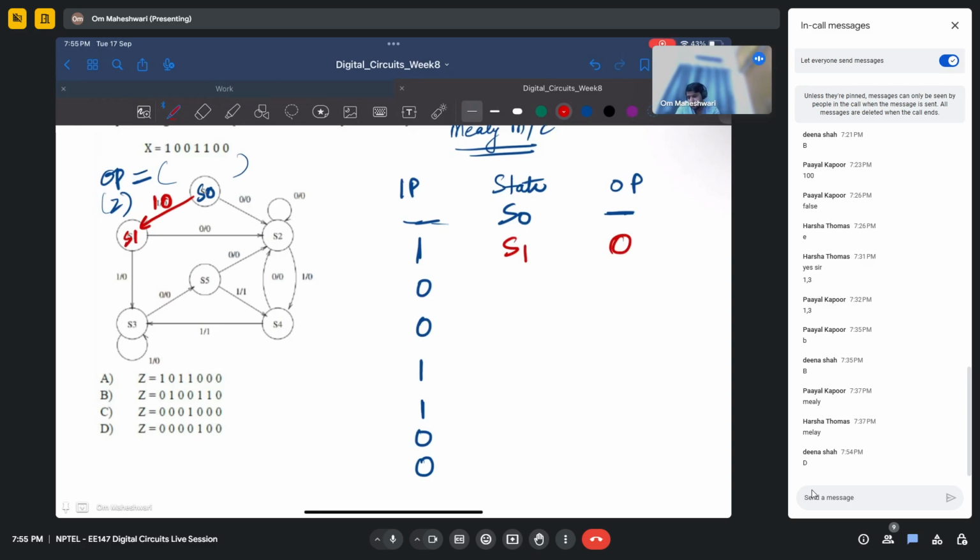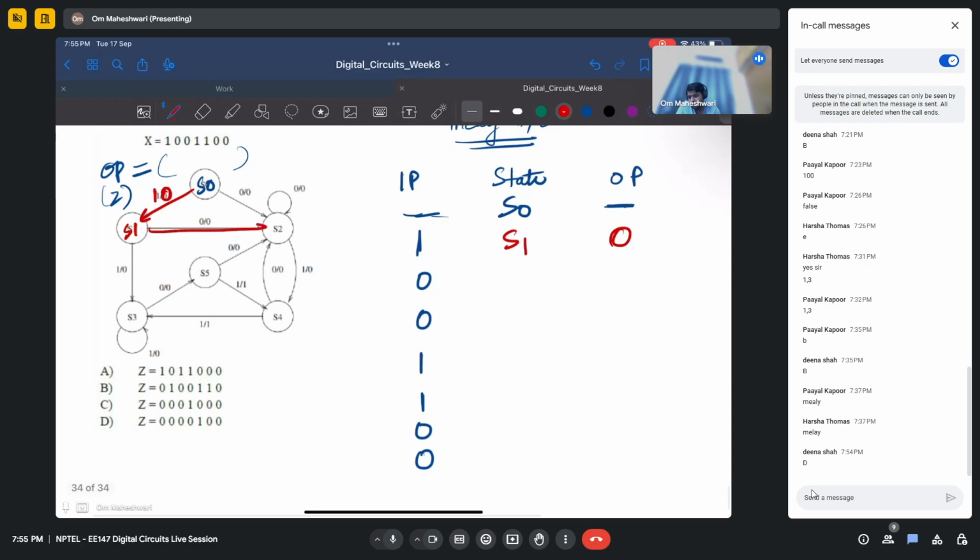Then from S1, 0 came. So you go to S2 and your output is 0. Then at S2 again 0 input is there. So with 0 input you stay here itself and your output is still 0.